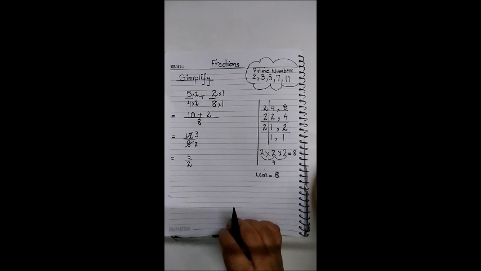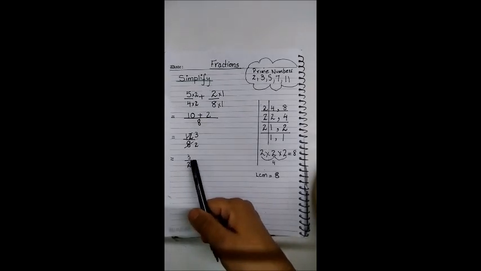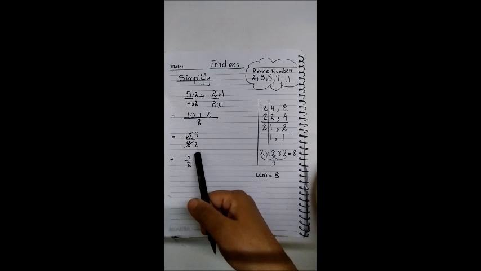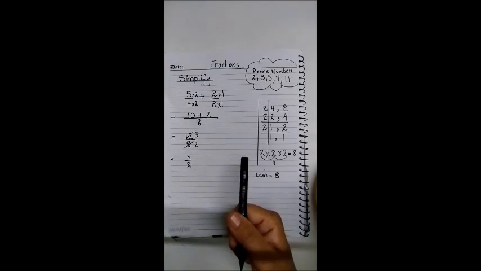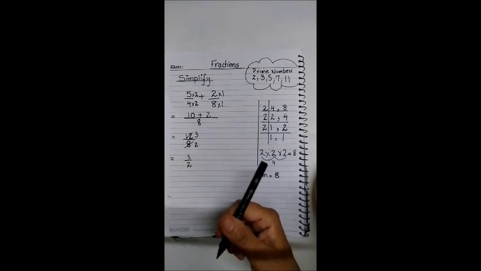Very nice. But again, there's something I would like to teach you. Whenever you see the numerator to be bigger than your denominator, then you will have to convert this into a mixed fraction. What is a mixed fraction? A mixed fraction has a whole number, a numerator and a denominator.